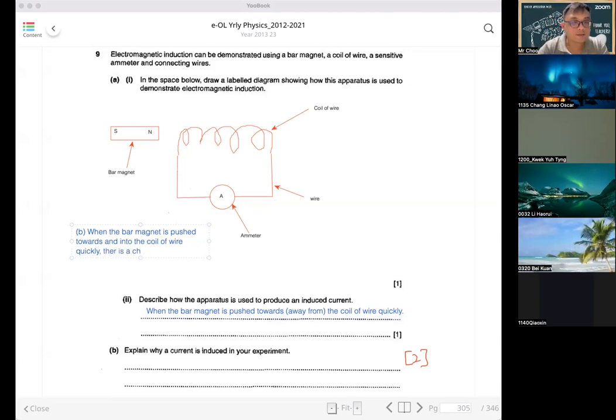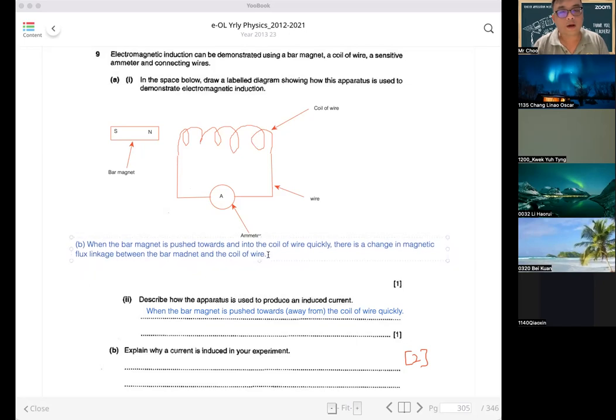There is a change in magnetic flux linkage between the bar magnet and the coil of wire. So there will be some change in the magnetic field or the magnetic flux linkage.